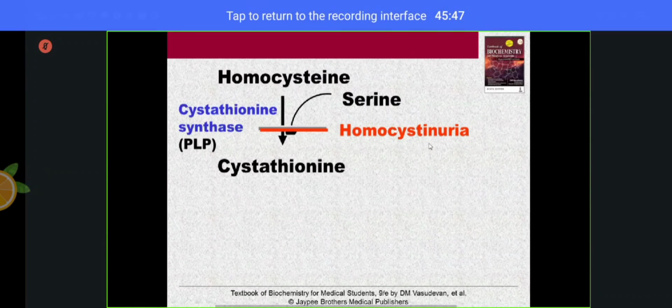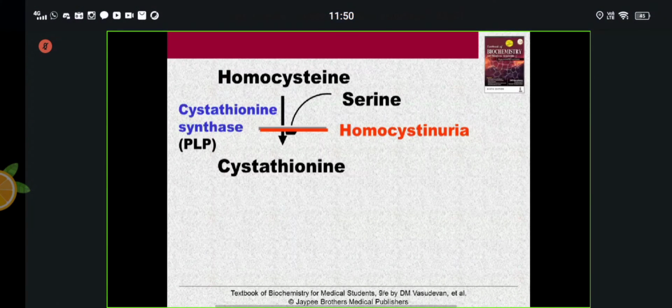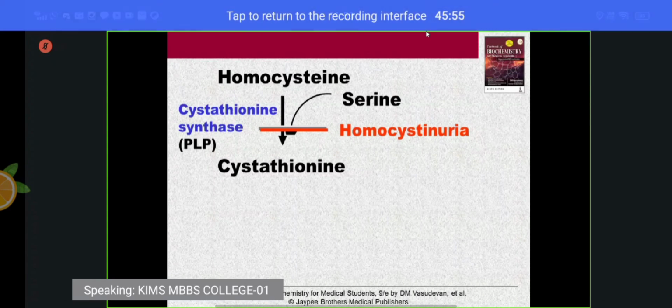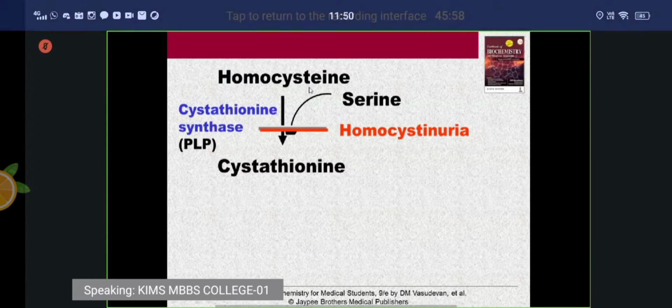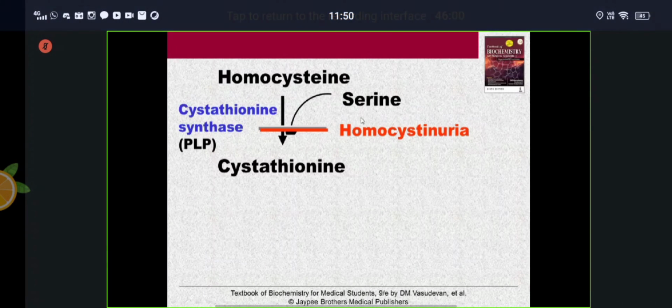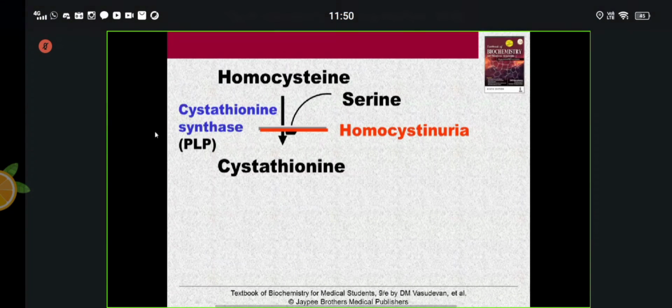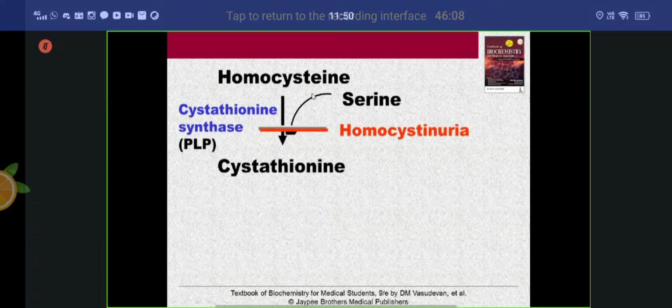Right. So now coming to a disease known as homocystinuria. In the previous slides you have seen that homocysteine combines with serine to give cystathionine. Once this reaction is stopped, because of the deficiency of this enzyme, all the homocysteine is accumulated in the body.